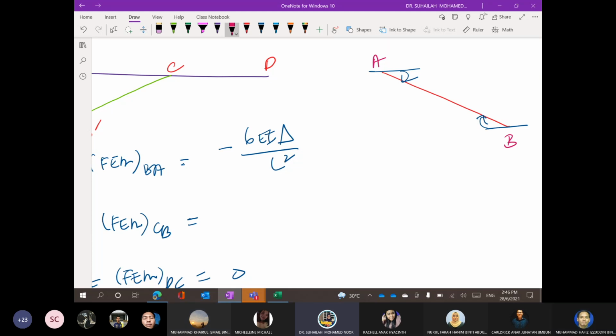Okay, for BC, so now we have BC. BC is like this, right? The bottom line is the reference, the horizontal line. The angle will be measured from horizontal. Is the angle negative or positive?